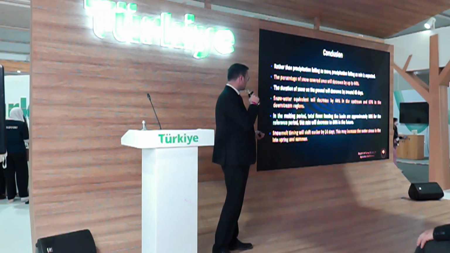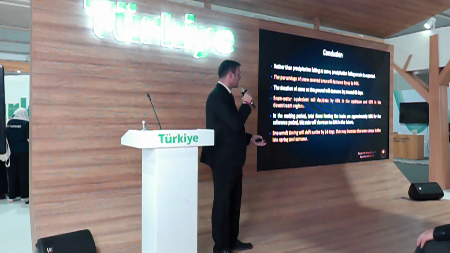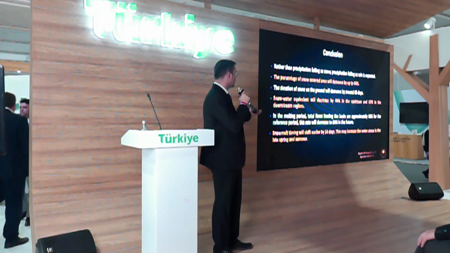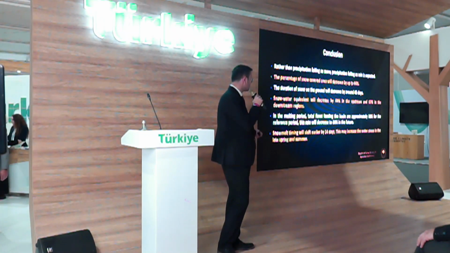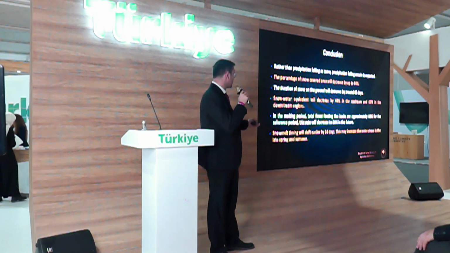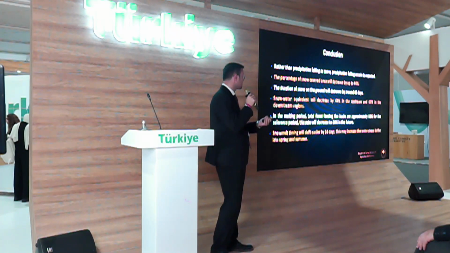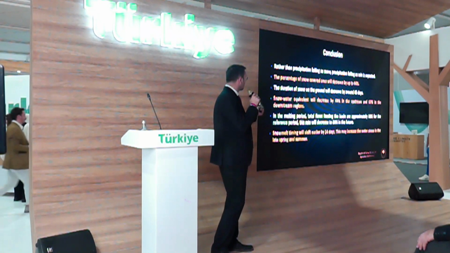Snow water equivalent will decrease by 44% in the upstream and 67% in the downstream regions. And in melting periods, total flows feeding the basin are approximately 68% for the reference period, and this rate will decrease to 60% in the future. And lastly, snowmelt timing will shift earlier by 14 days. So this may increase water stress in the late spring and summer in this region.